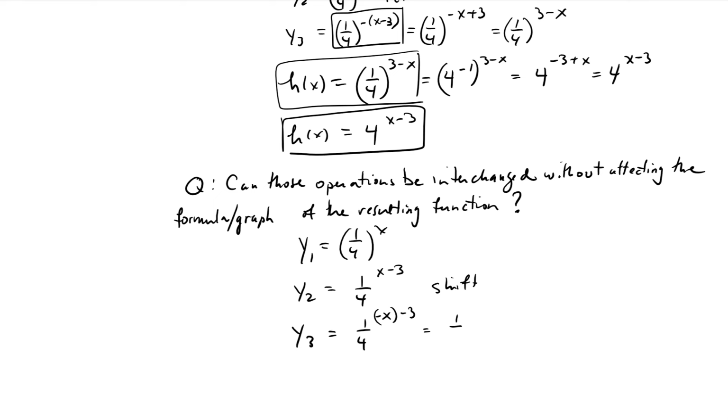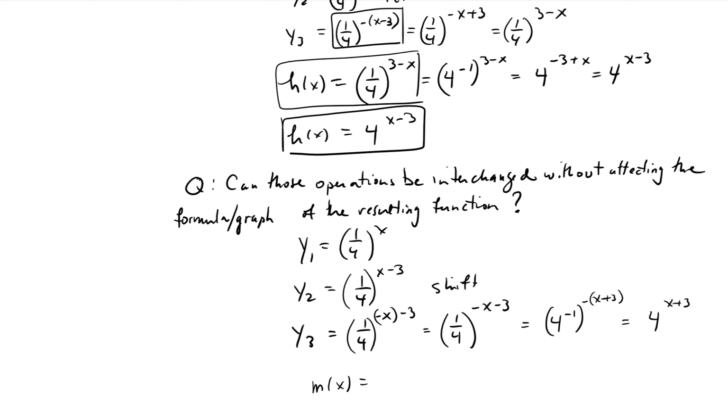So that gives me, maybe I should put 1/4 in brackets like this, 1/4 to the power minus x minus 3. And here's maybe a cute way to write it down. 1/4 is 4 to the minus 1, to the power minus x minus 3, that's minus (minus x plus 3). And then we can multiply the exponents together. We get 4 to the x plus 3. So that would be, let's call it m, I don't know, m of x is 4 to the x plus 3.